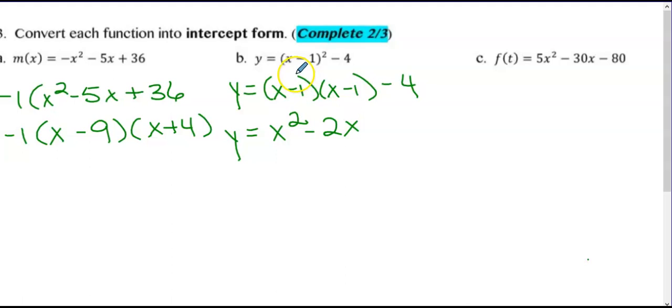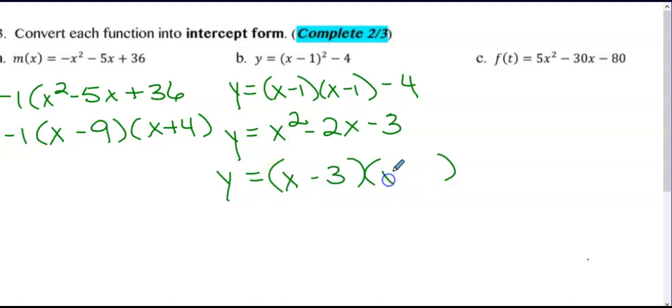So let's see, I get, that's negative 1 times negative 1, which is positive 1, minus 4 is minus 3. Okay. And then I look at the negative 3, factor pair for negative 3, that when I add them I get negative 2. That's going to be minus 3 plus 1.